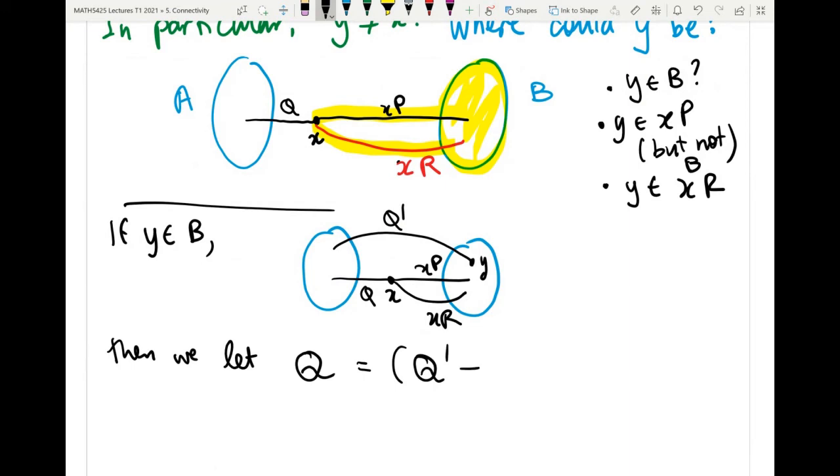We have to take out simply the path that ends in X, because we don't want paths that end in X anymore. Every other path is going to be fine. So we get rid of Q and we have to replace it by something. Does anyone have a suggestion for what we could replace Q by, or a description of a path that will do a good job?